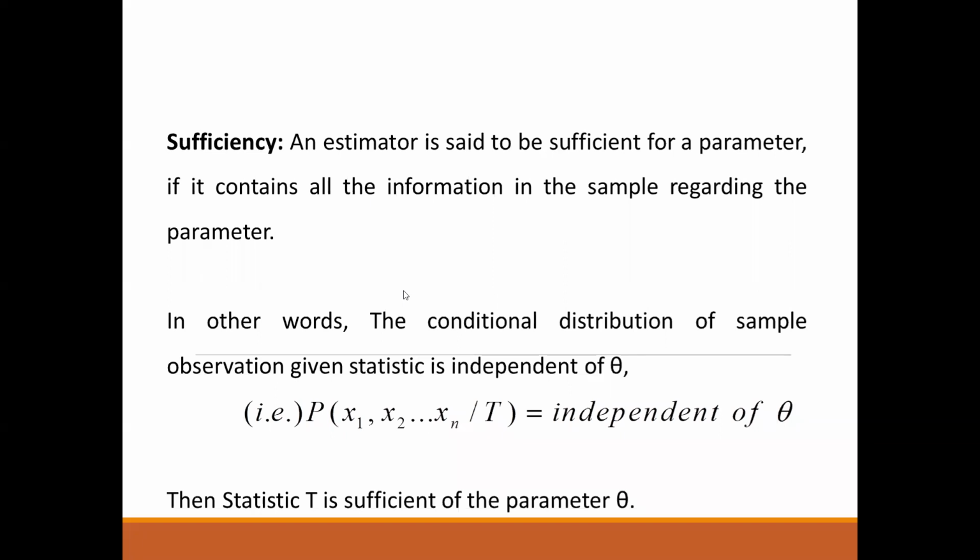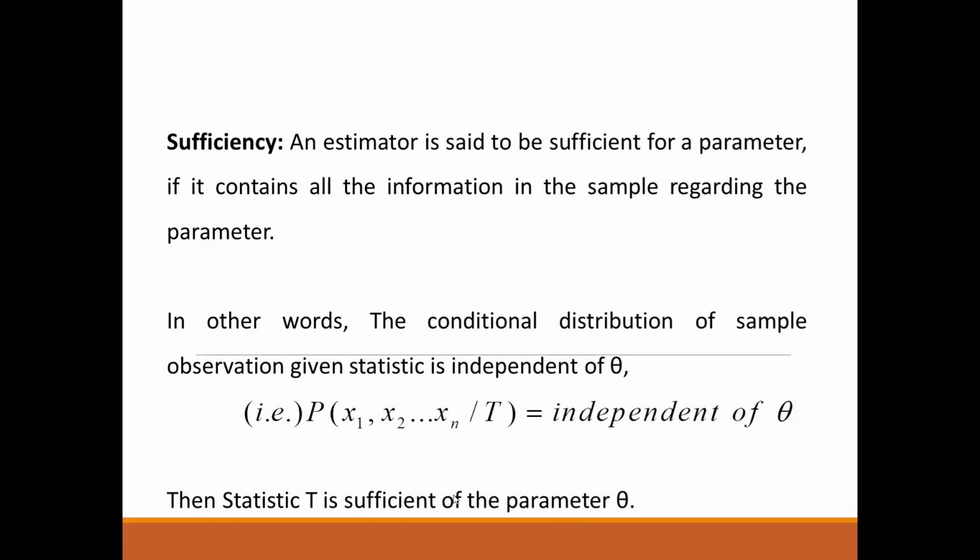If you take any other estimator, it does not have more information than this. In other words, the conditional distribution of the sample observations x1, x2, and so on, xn given t is independent of theta; then the statistic t is sufficient for the parameter theta.